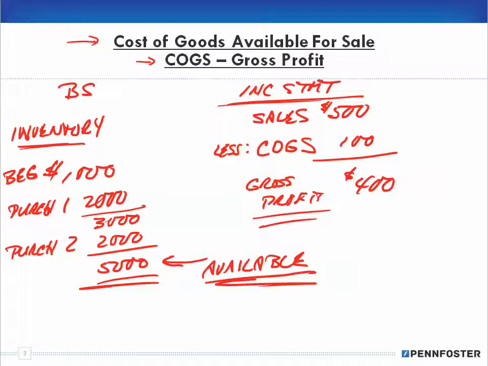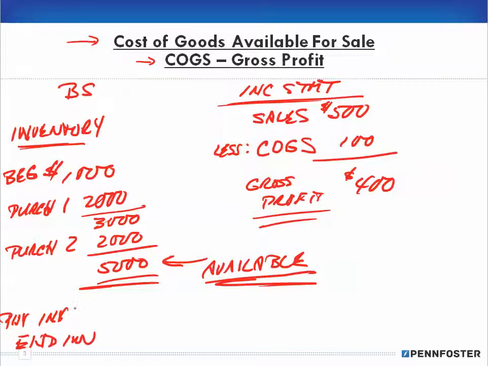So where does that leave us? Well, obviously during that period of time I'm selling stuff, so it's not on the shelf. And I know I don't have $5,000 worth of stuff in my store. So that's why we do the physical inventory, in order to get an ending inventory amount.